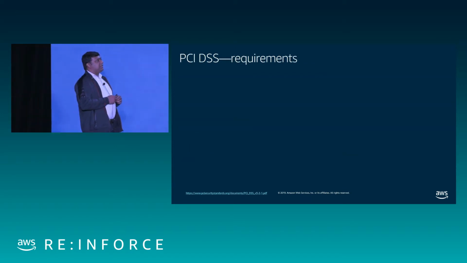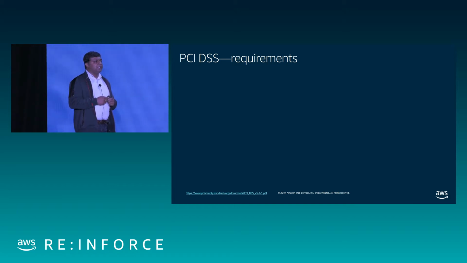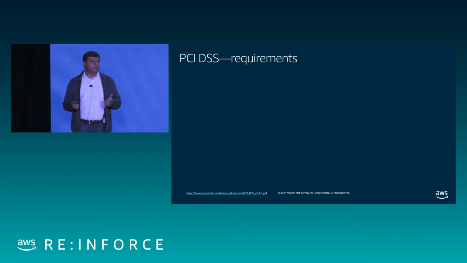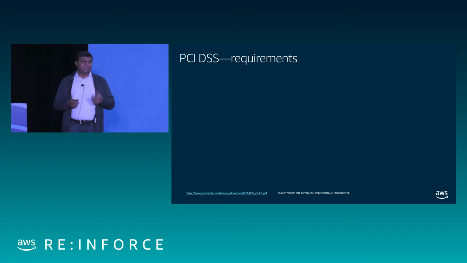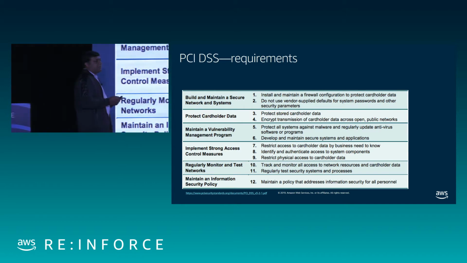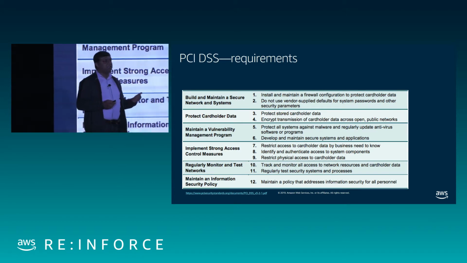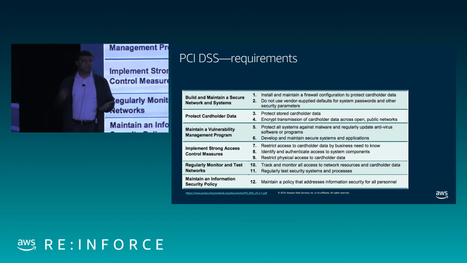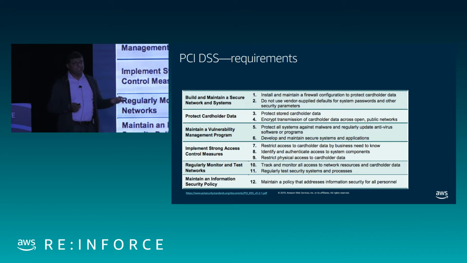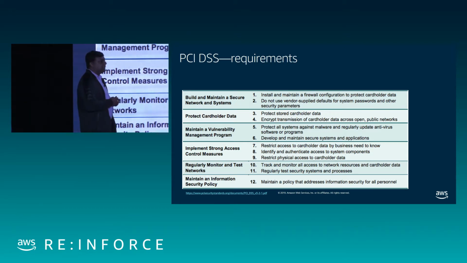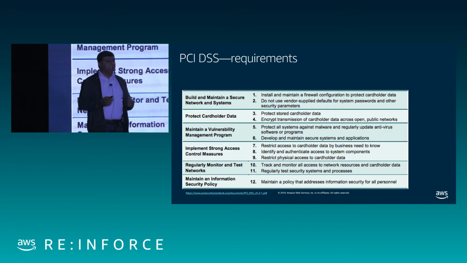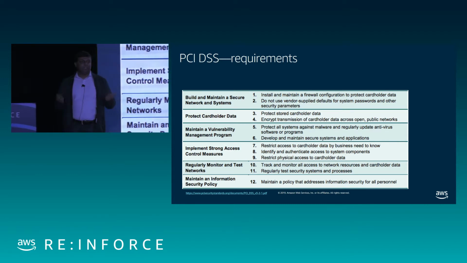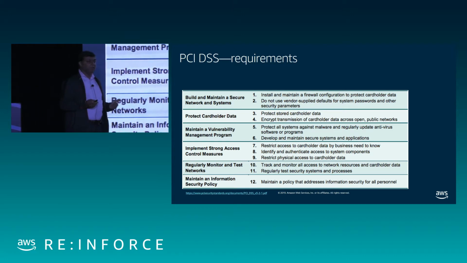So just to give a brief overview of DSS, and you may already be familiar with it, but please be patient with me just to set a level set. It has 12 major requirements, which are categorized into 7 domains, each aimed at different aspects of security, like building a secure network, protecting your cardholder data environment, developing a vulnerability management program, or developing an information security policy, all aimed to protect the cardholder data environment.